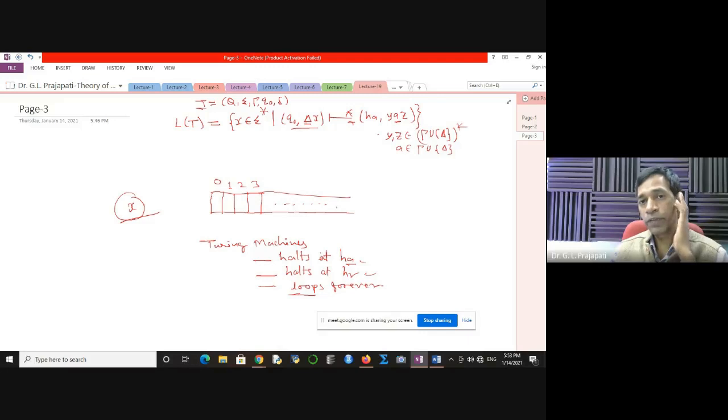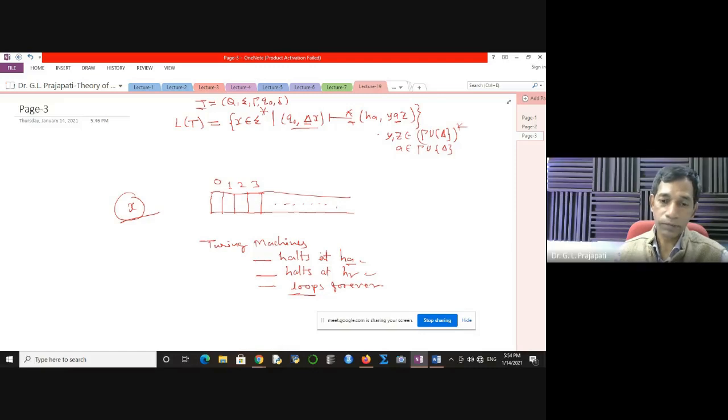Or it explicitly decides that this is a clear-cut case of rejection, and hence goes to the HR state. Or, for some input, the Turing machine is not going to stop. It loops forever. Then we can't say whether the input is in the language or not, because we don't know at what time the Turing machine will make the decision. So this is undecidable.